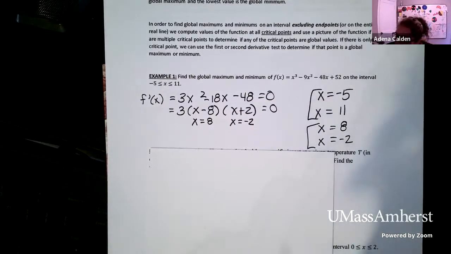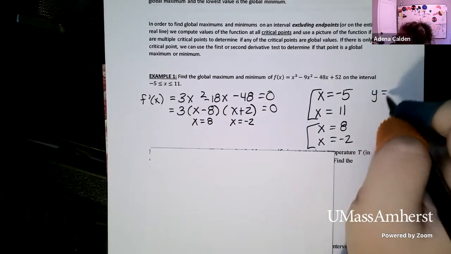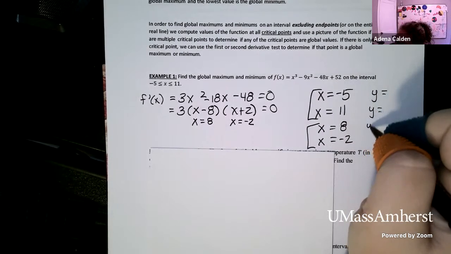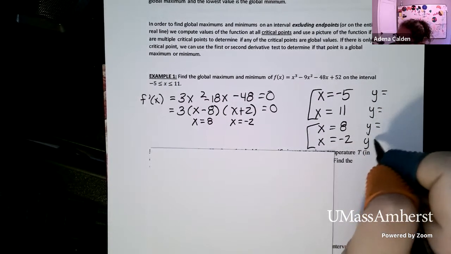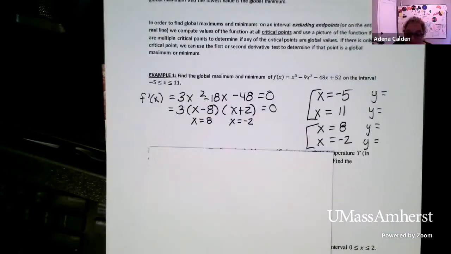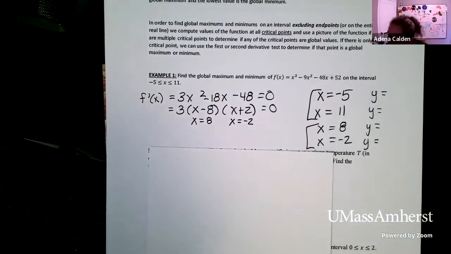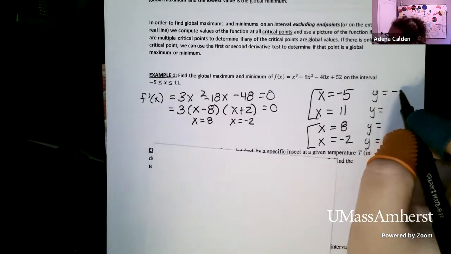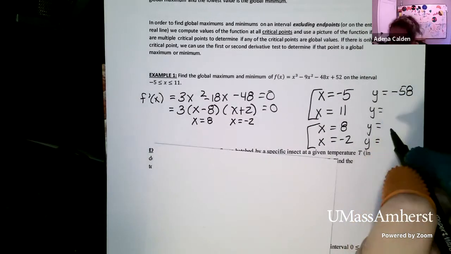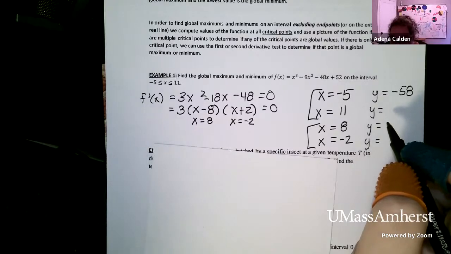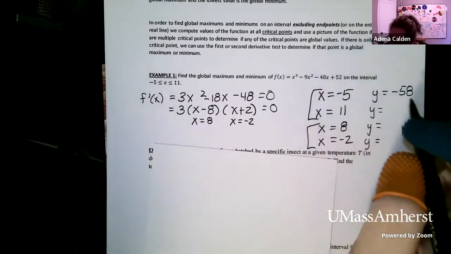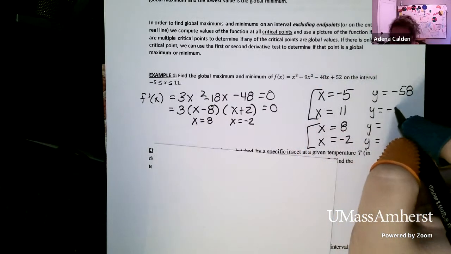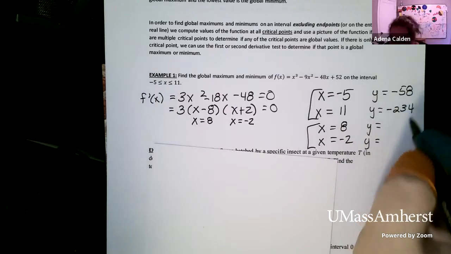Once I have my list, I'm going to plug each one of these back into the original function to get the corresponding y value. So when I plug a -5 into the original function, I get -58. When I plug an 11 into the original function, I get -234.